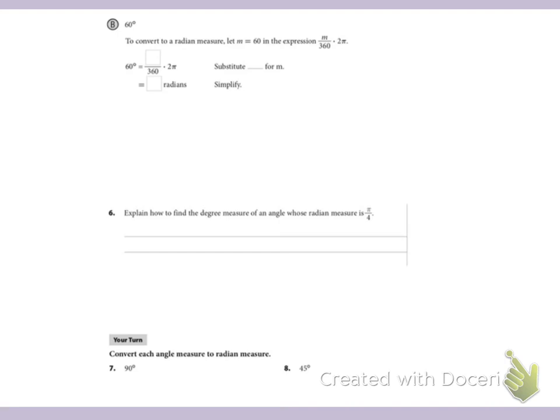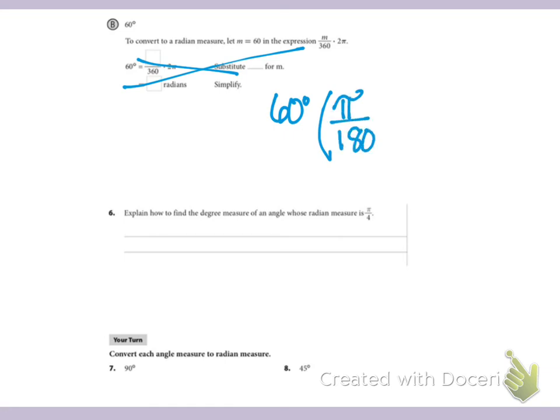So for instance, if we wanted to convert 60 degrees to radian measure, we'll just do this ourselves. We'll take our 60 degrees and we'll multiply by that conversion factor, which is pi over 180 degrees. So this is like the reduced version of that conversion factor.